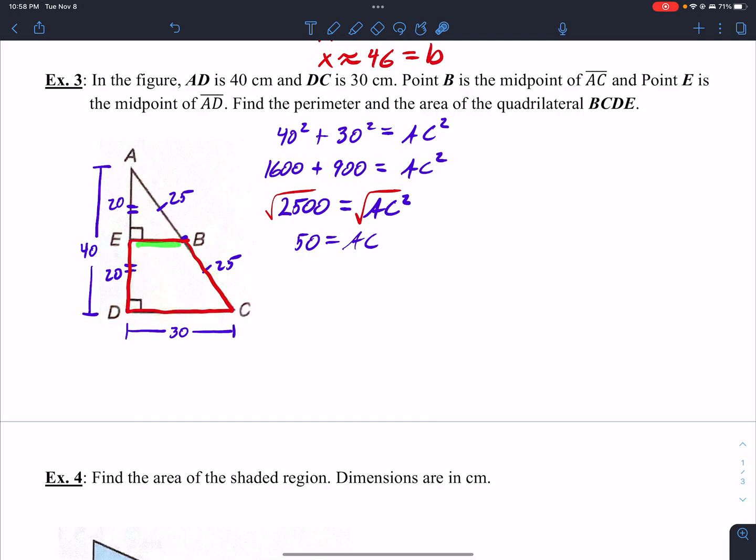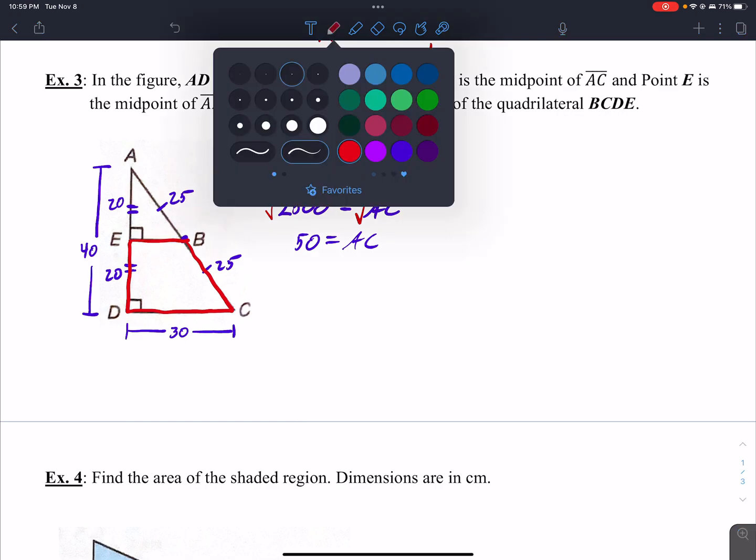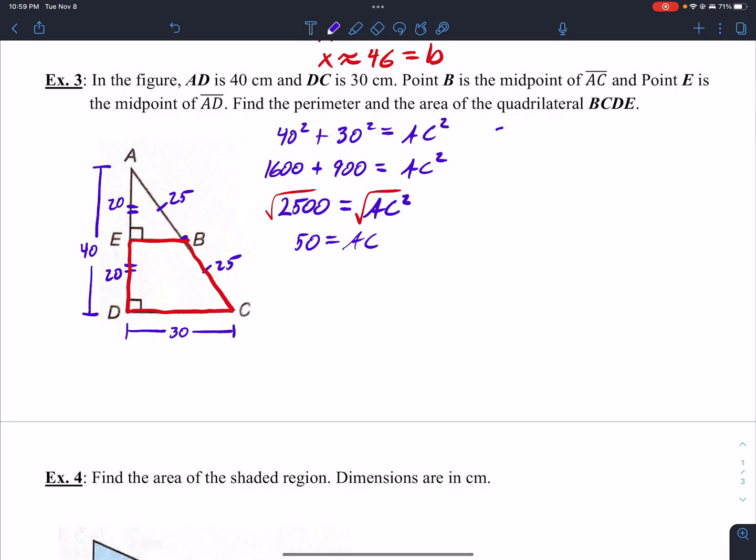I don't have EB. Well, to find EB, I can use the Pythagorean theorem to find this measurement right here. So follow along with this. I can take 20 squared plus BE squared. BE is that side measurement. That's going to be one of the legs. Leg squared plus leg squared equals hypotenuse squared.